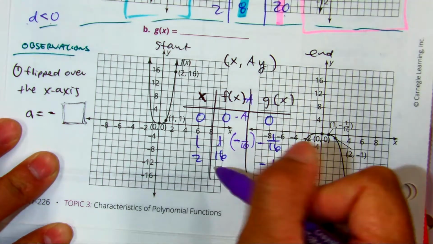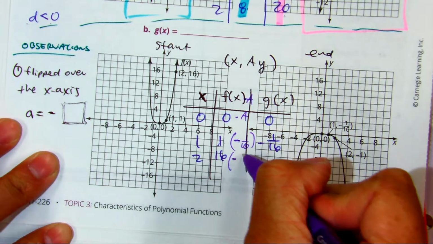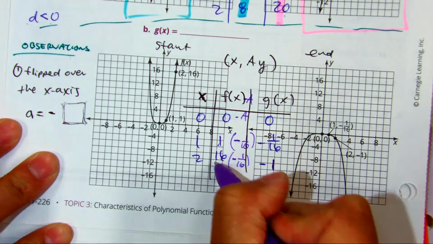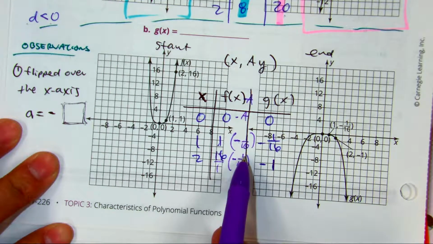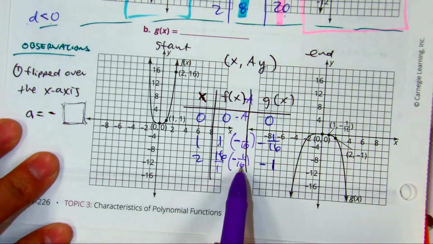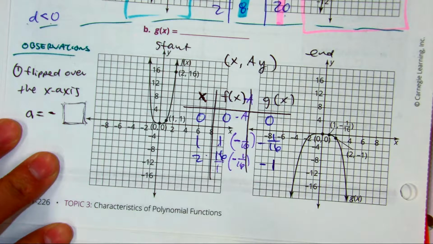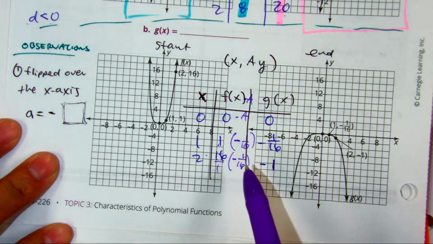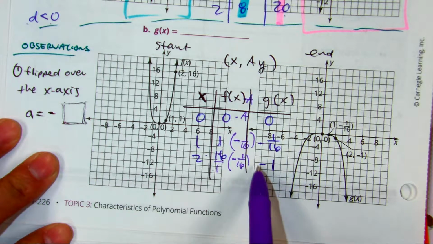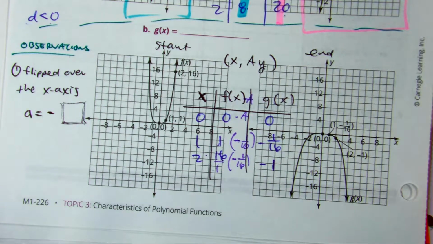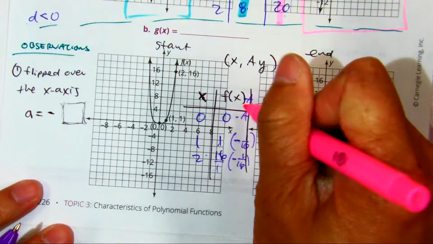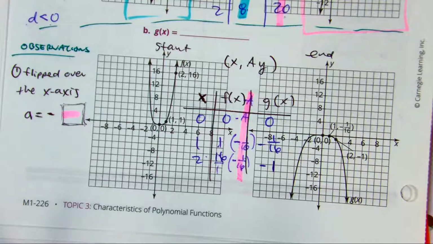Let's see if it works on this one. Multiply across. 16 times 1. 1 times 16. Positive times negative. Negative 16 over 16 is just negative 1. So my A value is negative 1/16.